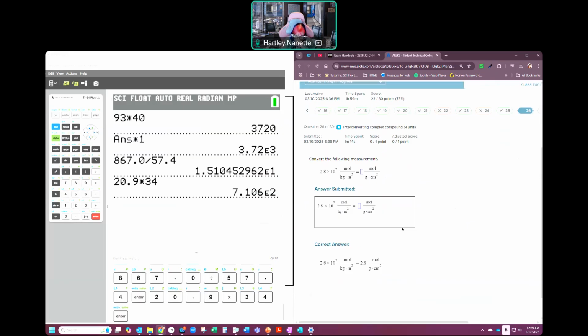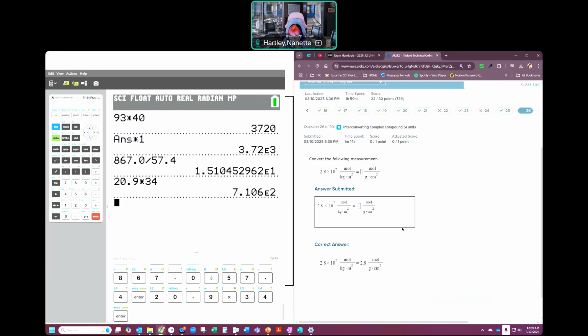And they want that in mole over gram times centimeter squared. Okay, so I'm going to do the kilogram first because I want to go from 1 kilogram to 1,000 grams. So that's that one. Cancels the kilograms, supposed to be in grams.